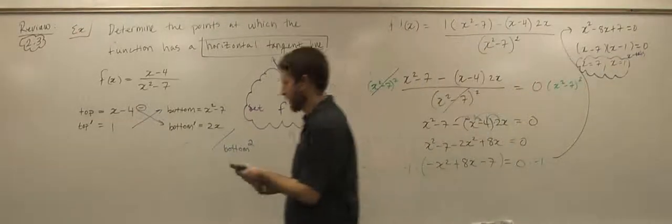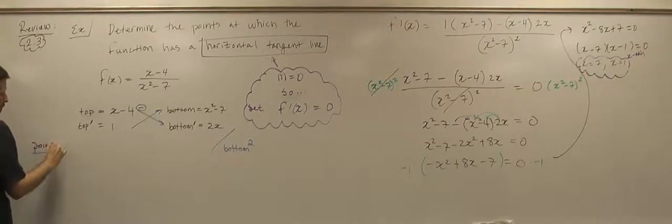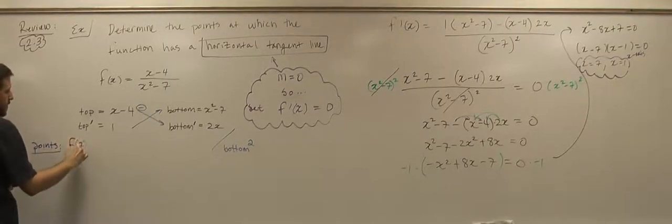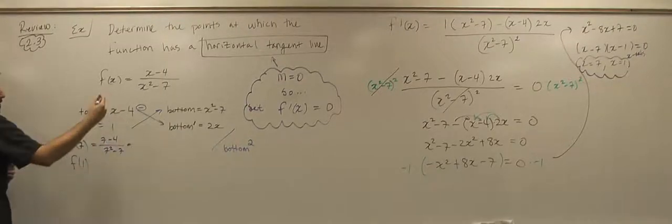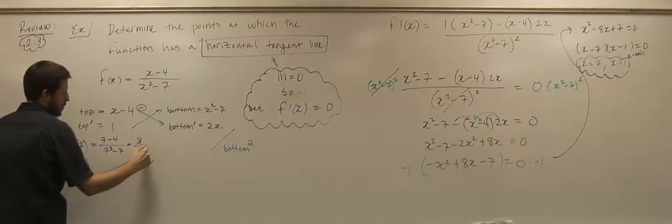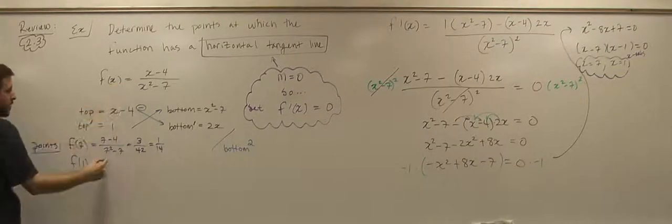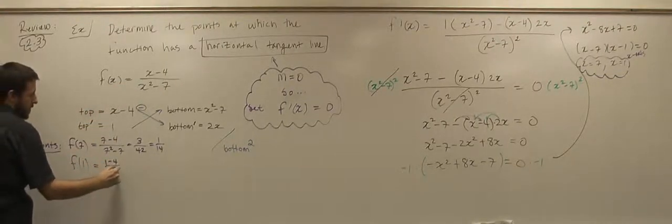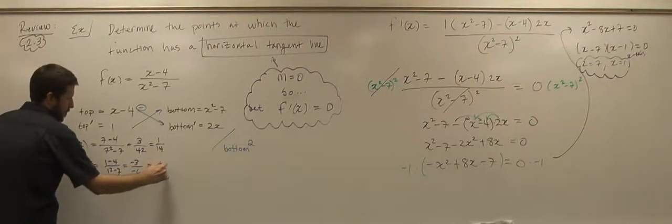So to get your points, you have to find f of 7 and f of 1. f of 7 is (7 minus 4) over (7 squared minus 7), which is 3 over 42, which reduces to 1 over 14. f of 1 will be (1 minus 4) over (1 squared minus 7), so negative 3 over negative 6, or 1/2.